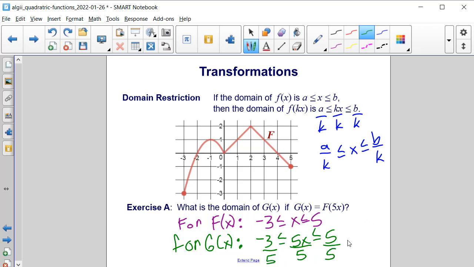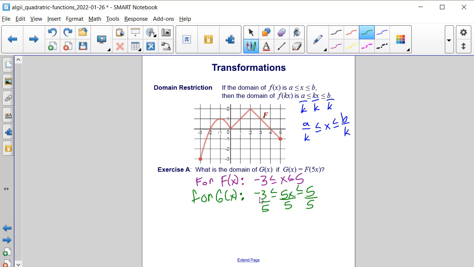So therefore, the domain for g of x can be written as either -3/5 as the lower bound, or its decimal equivalent of -6/10, which is less than or equal to x, which is less than or equal to 1.